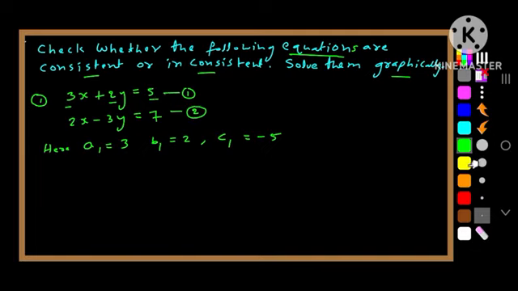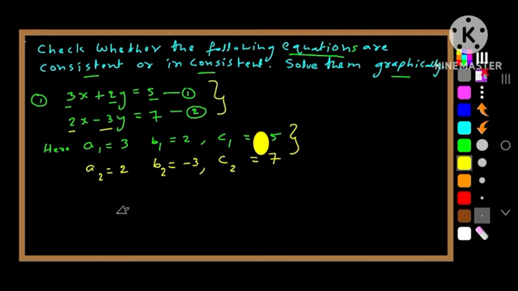Similarly, a2 is 2, b2 is minus 3, c2 is 7. So first of all you have to find out a1, b1, c1, a2, b2, c2 from the given equations.